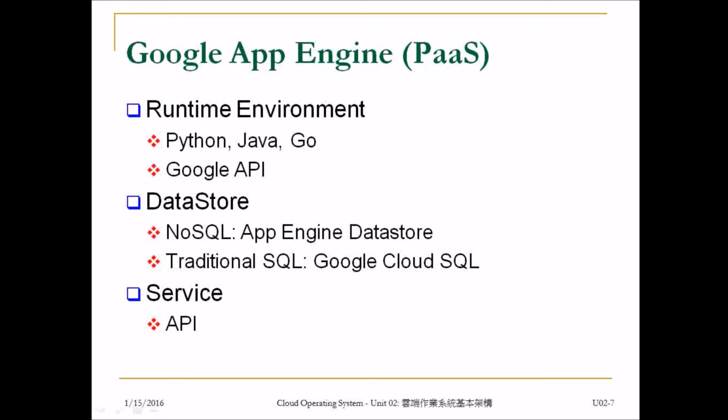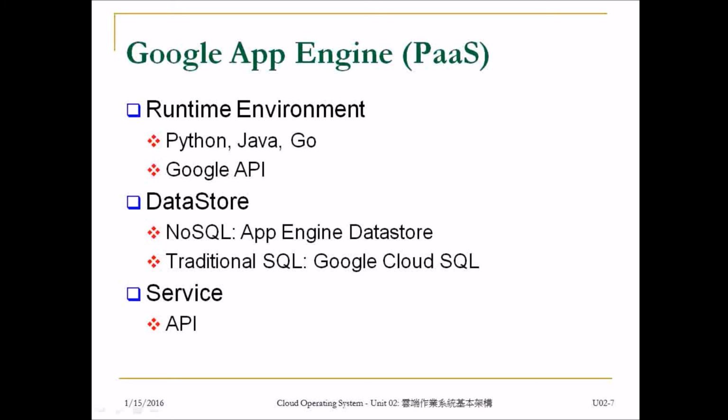Then you can implement your program or application more easily. Of course, Google App Engine also provides storage space. You can use the data store to create your own storage or file system.